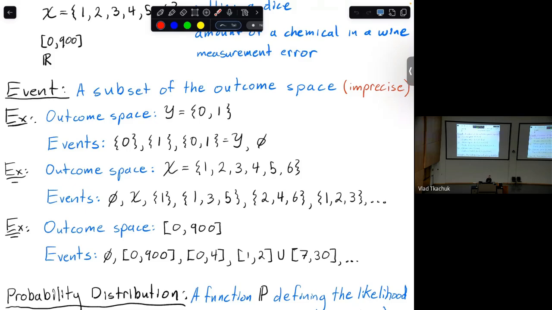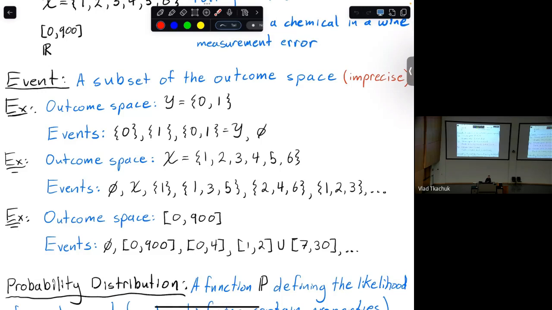Events are just sets of outcomes. They basically describe the set of outcomes you care about. Unsurprisingly, the next thing you're going to talk about is the probability of these events, the probability of getting any one of these outcomes. That's going to be the story. So all you're going to need to know is that events are subsets of the outcome space. They can be the whole outcome space too, and that would just mean the event that I get something.